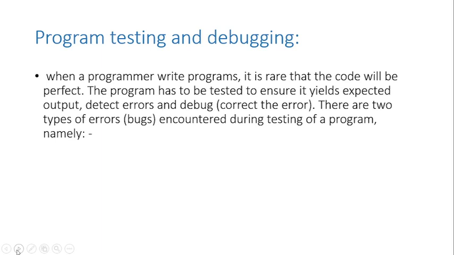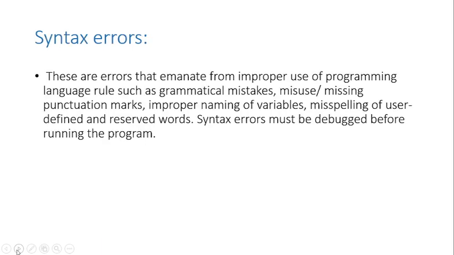There are two types of errors encountered during testing of a program. Syntax errors are errors that emanate from improper use of programming language rules, which include grammatical mistakes, missing or misuse of punctuation marks, improper naming of variables, misspelling of user-defined and reserved words.